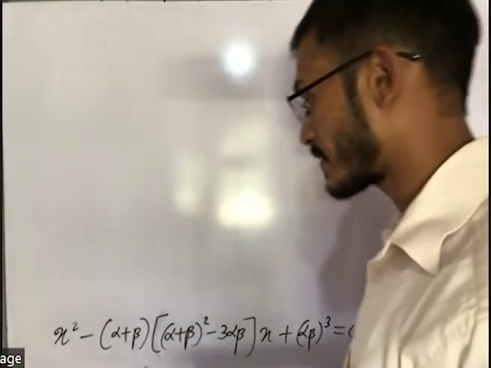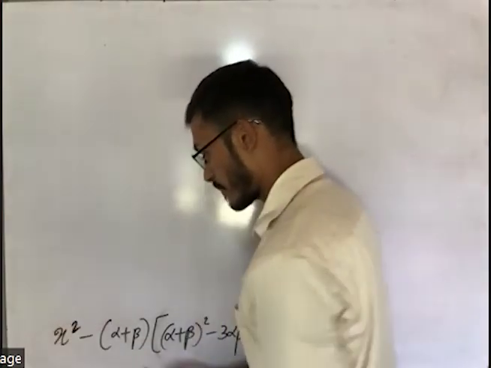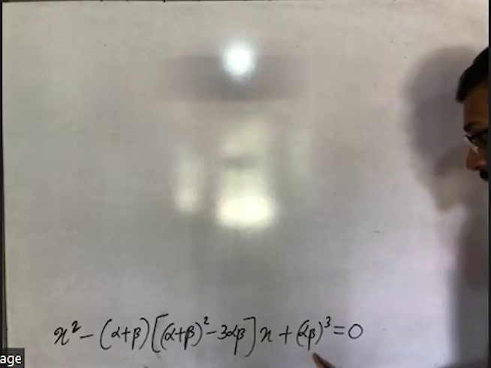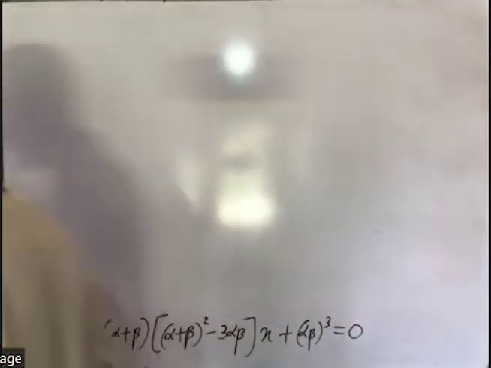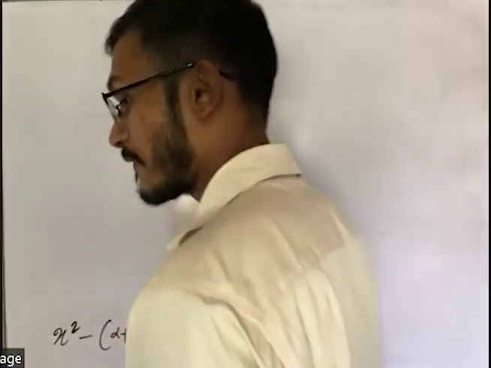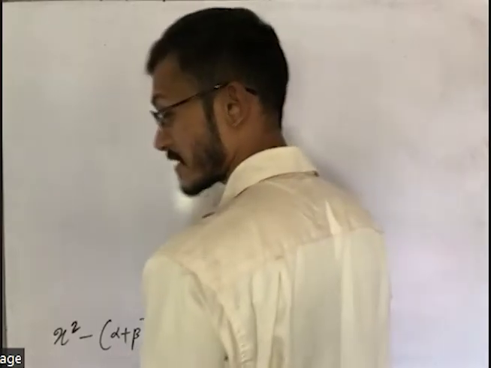Right, so here we have x square minus alpha plus beta into alpha plus beta square minus 3 alpha beta x plus alpha beta to the power 3. Now we can replace this with the first two relations we got. Now we know that alpha plus beta is equal to minus b.